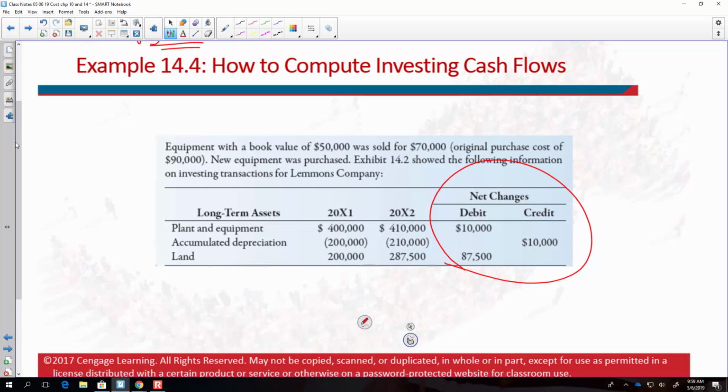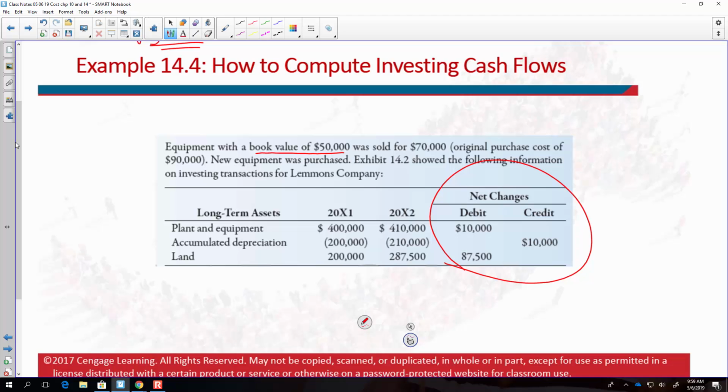The accumulated also changed by 10 for different reasons. And finally, land did change by 87.5. The additional information is that equipment with a book value of $50,000 was sold for $70,000. The original purchase was $90,000.